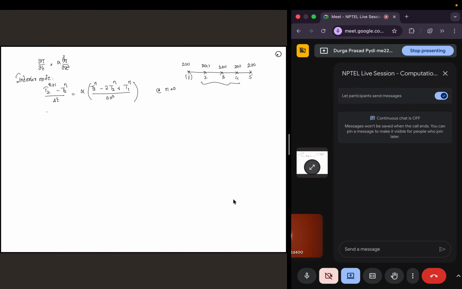All we need to do is calculate the n+1 value. This is actually a straightforward process. All we need to do is substitute the values of 200 here, plus the alpha value, delta t and delta x square, which are given. The only thing is delta x is provided to us.